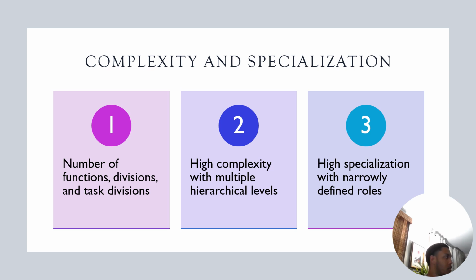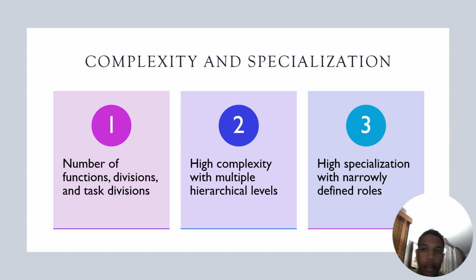The bigger an organization is, the harder it is to run, and the less simple it's going to be right off the bat. Higher complexity indicates a more intricate and multifaceted structure.